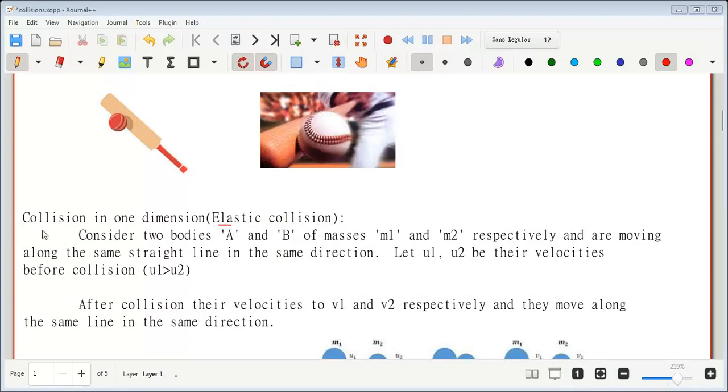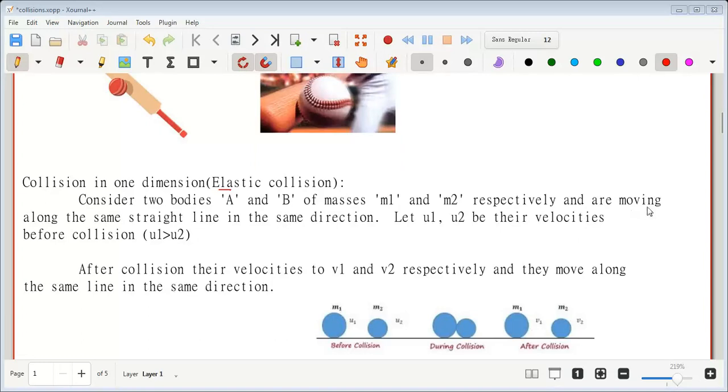So, collision in one dimension, the elastic collision. Consider two bodies A and B of masses m1 and m2 respectively, moving along the same straight line in the same direction.